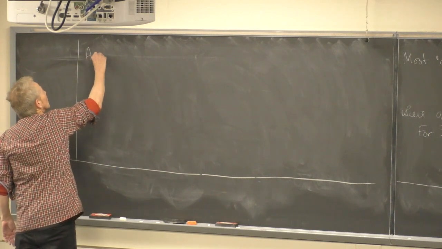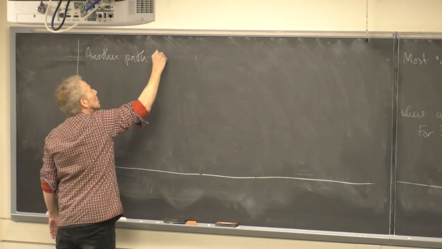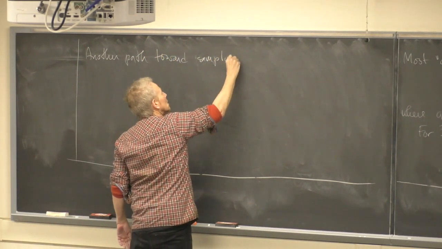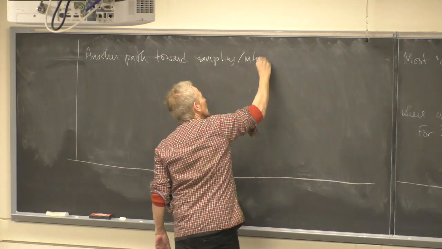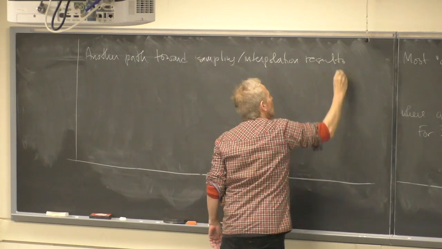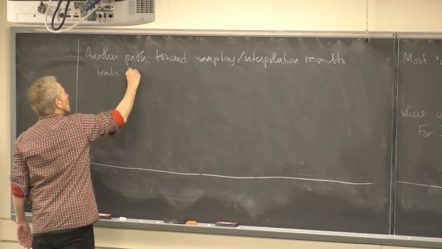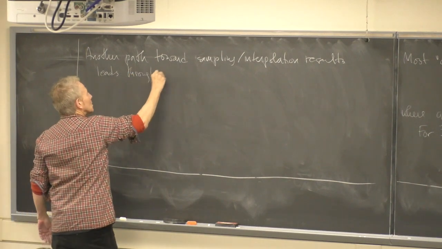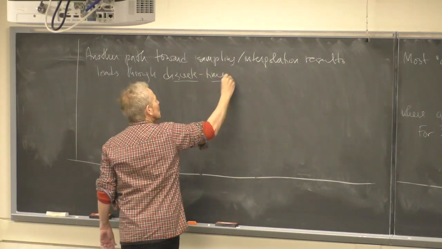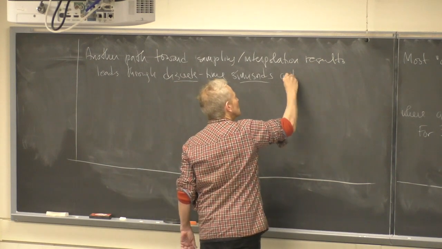So this is sort of another path through the woods toward the sampling and interpolation results, through these things called discrete time sinusoids and their spectra.